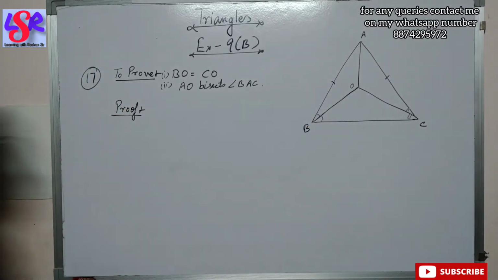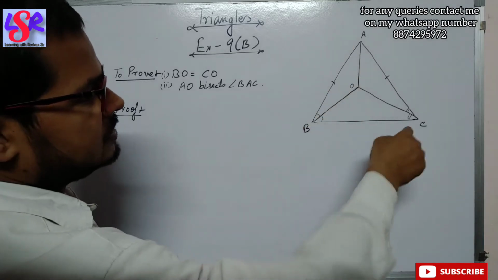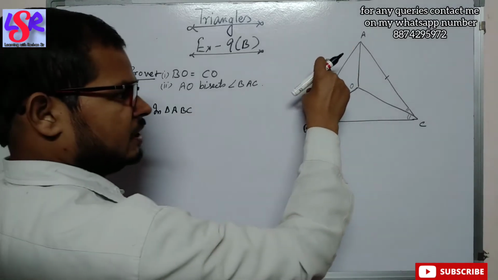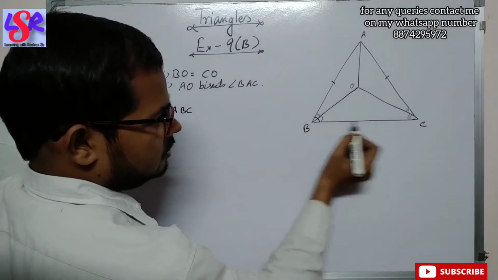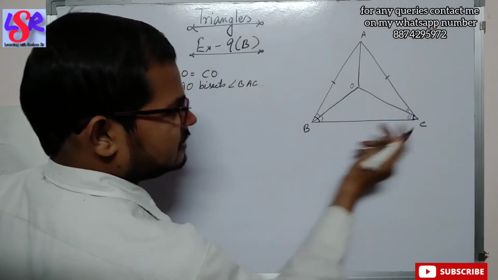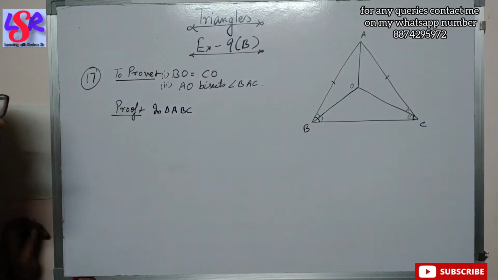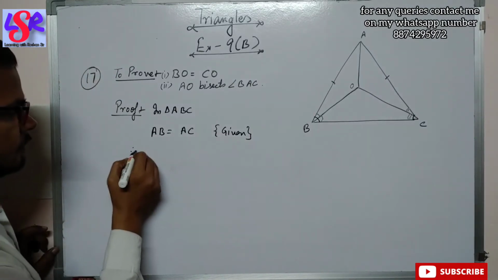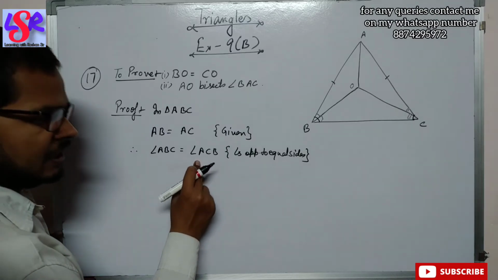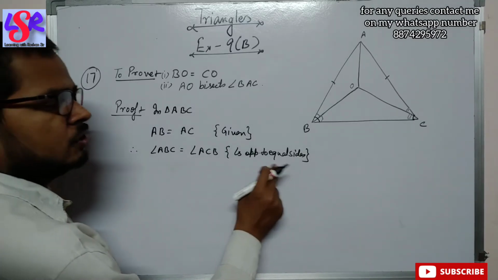Now, very first of all, in triangle ABC, we have AB equals AC. This means this angle as a whole will be equal to this angle as a whole, as angles opposite to equal sides. So AB equals AC given, and therefore angle ABC equals angle ACB by angles opposite to equal sides.